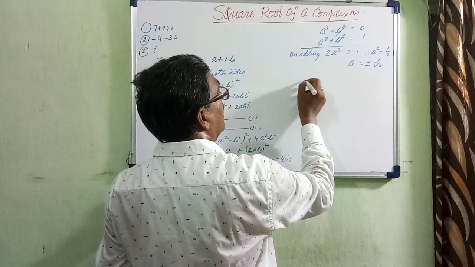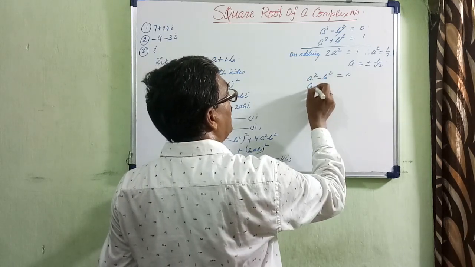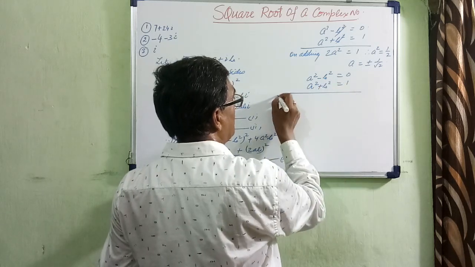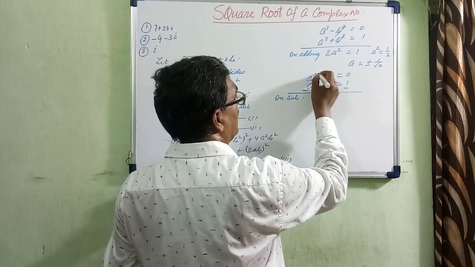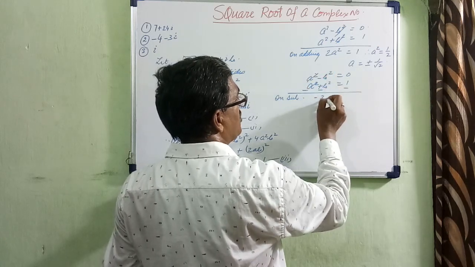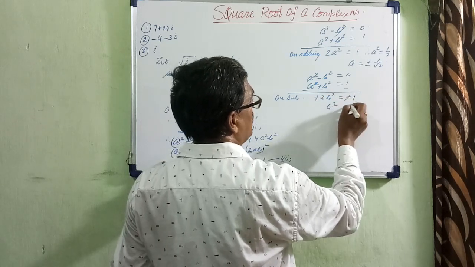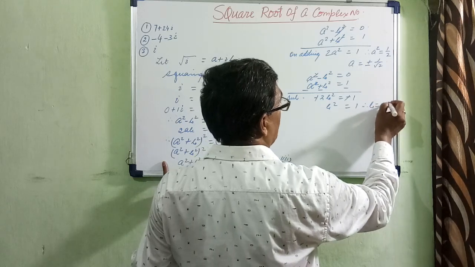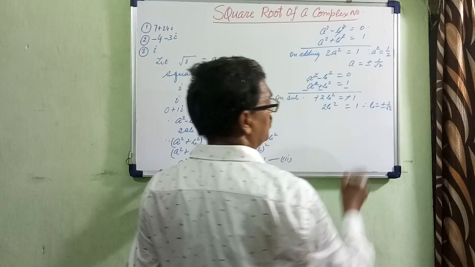And then a square minus b square is equal to 0, a square plus b square is equal to 1. On subtracting, negative, negative, negative, cancel. Minus 2b square is equal to minus 1. b square is equal to 1 by 2. Therefore, b is equal to plus minus 1 by root 2.